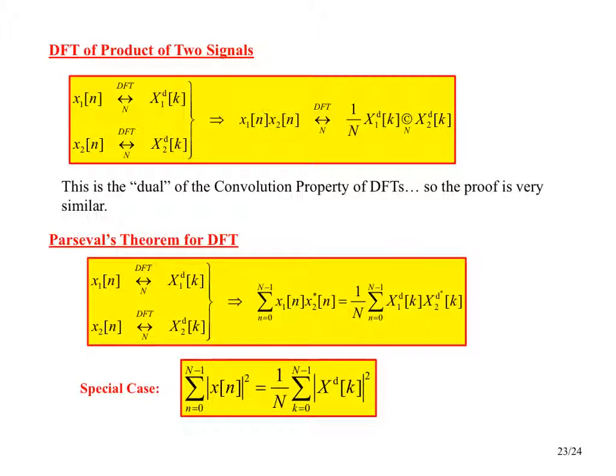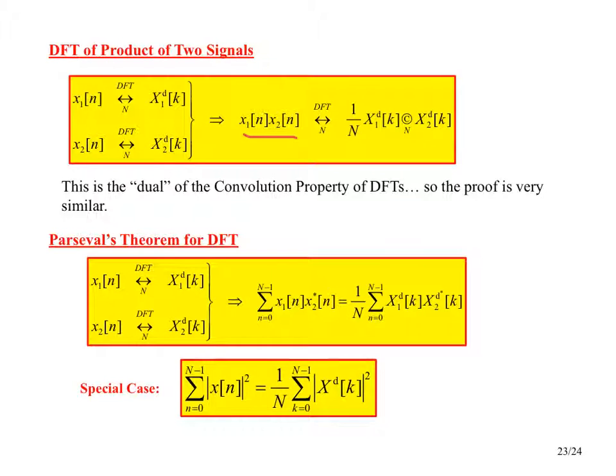So we just saw that a product in the frequency domain, so a product of DFTs, gave us a circular convolution in the time domain. Now, what would you think if we did a product in the time domain of two chunks? Think periodic. So I'm multiplying these two periodic things.